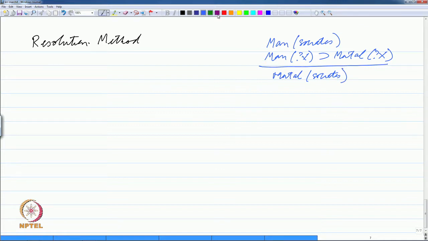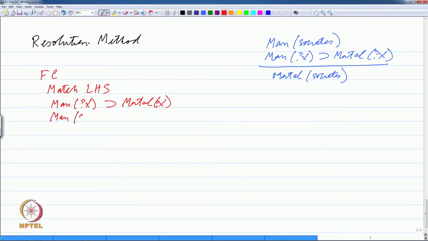And in this example, how does forward chaining work? You essentially match the left hand side. So, you have man x implies mortal x, and then you have man Socrates.